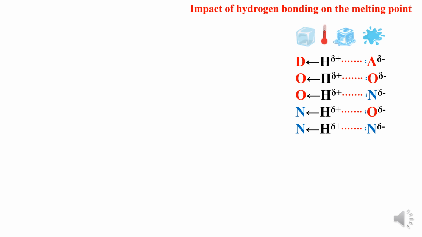In most of the cases, you will find electronegative oxygen and nitrogen atoms engaging in hydrogen bonding, and they tend to interact with the electron deficient hydrogen atom with a partial positive charge, that is covalently bonded to an electronegative oxygen or nitrogen atom.